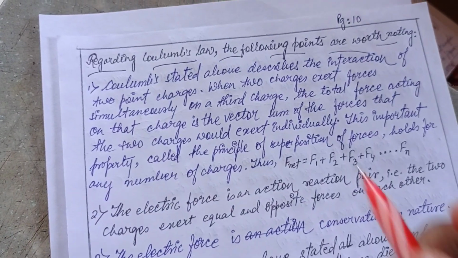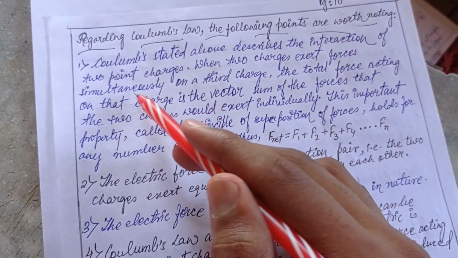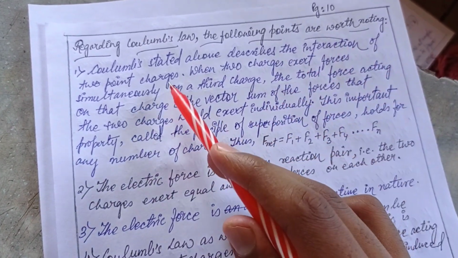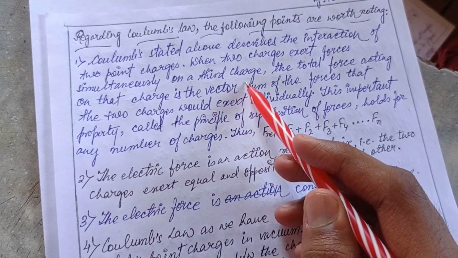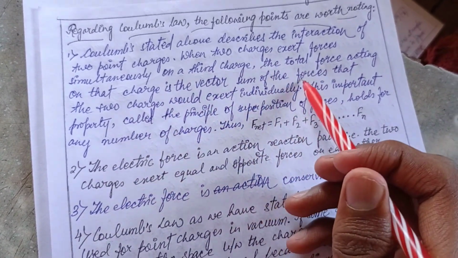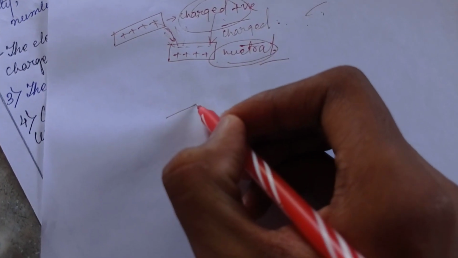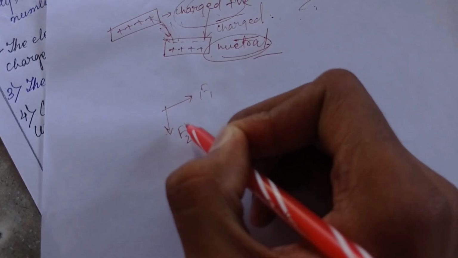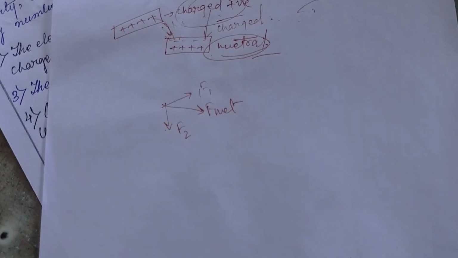Regarding Coulomb's law, the following points are worth noting. Coulomb's law stated above describes the interaction of two point charges. When two charges exert forces simultaneously on a third charge, the total force acting on that charge is the vector sum of forces. Suppose here it's F1 and this is F2. So we'll be taking out the resultant, right?